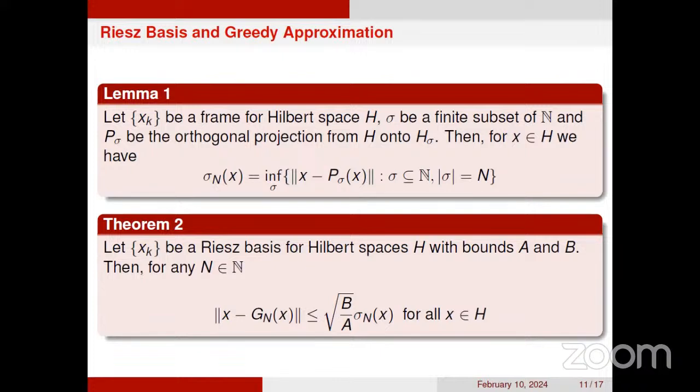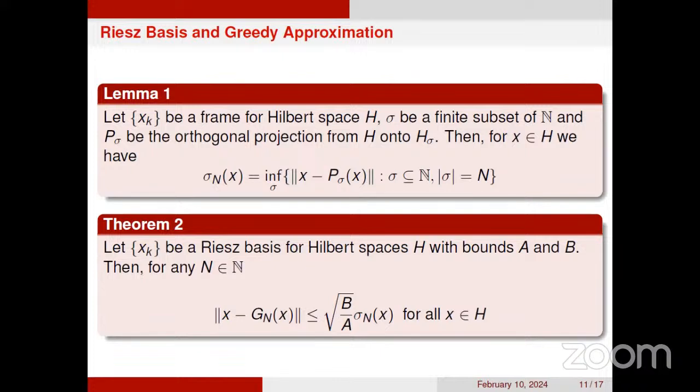Then for all x belonging to H, the best n-term approximation equals the infimum of the norm of x minus P_sigma x, where sigma is a subset of N and the cardinality of sigma is n.